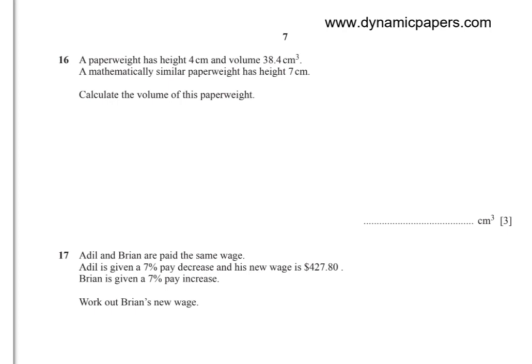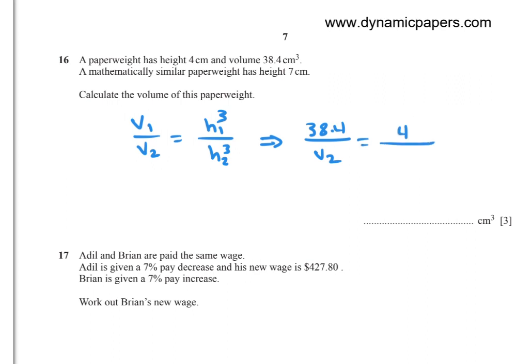Because they are similar, V1 over V2 equals height 1 power 3 over height 2 power 3. So the volume of the first one, 38.4, over volume 2 equals 4 power 3 over 7 power 3.